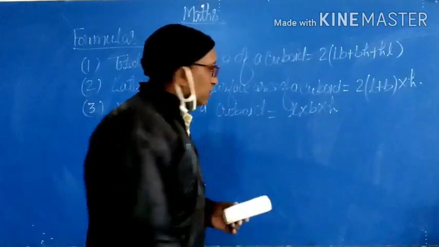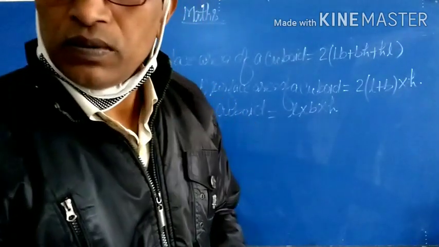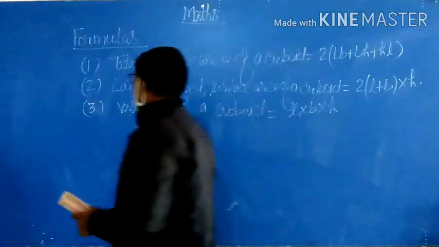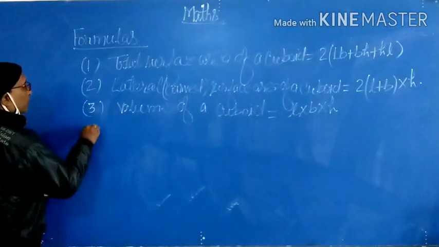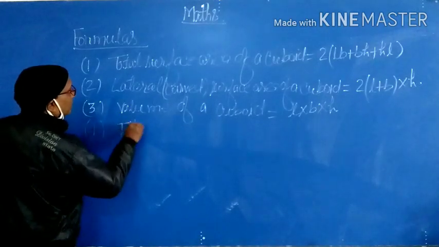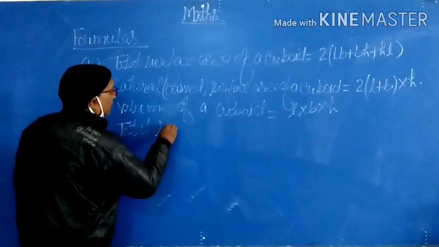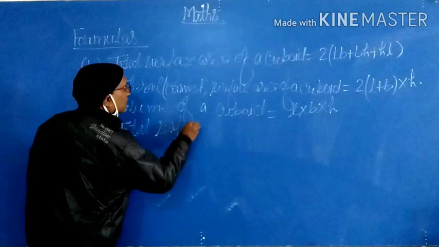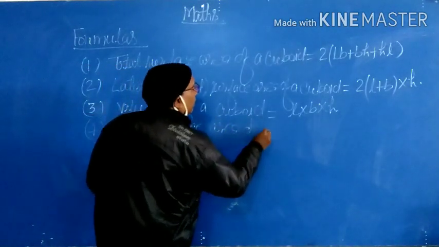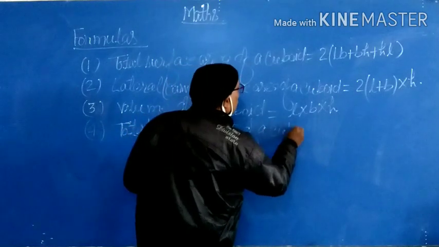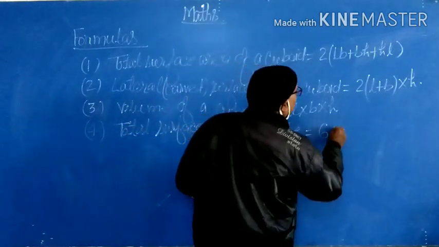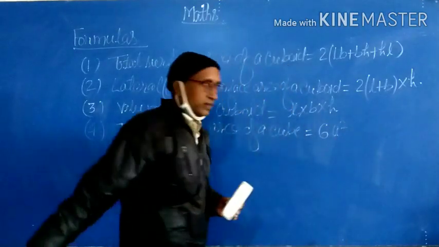In this sequence, I want to write formulas related to the cube. Fourth, the total surface area of a cube is equal to 6a square.